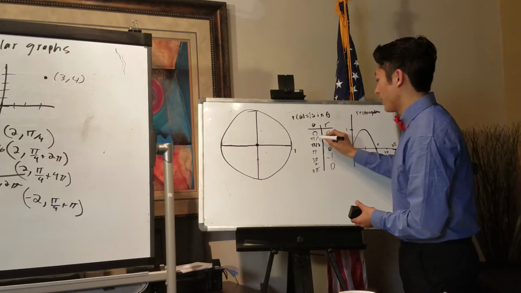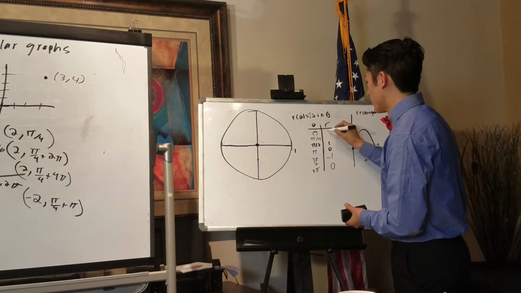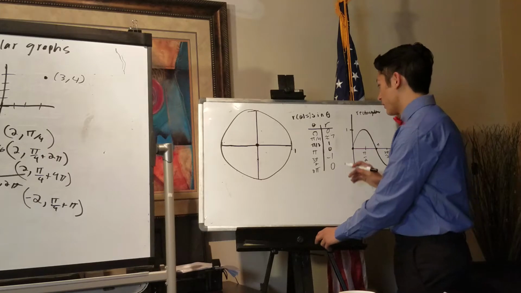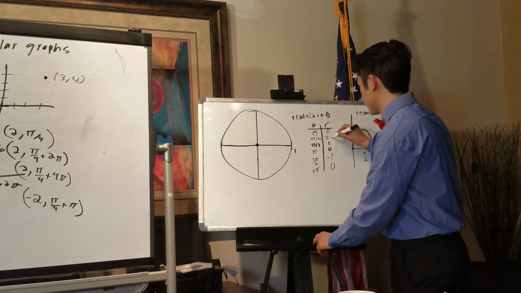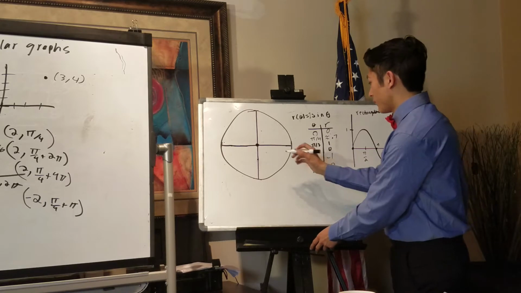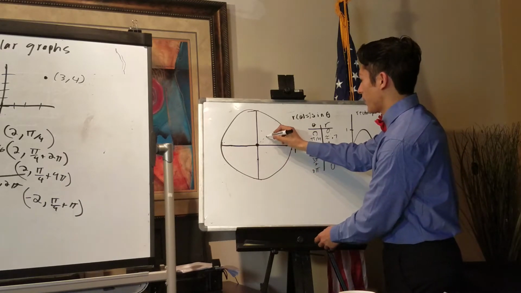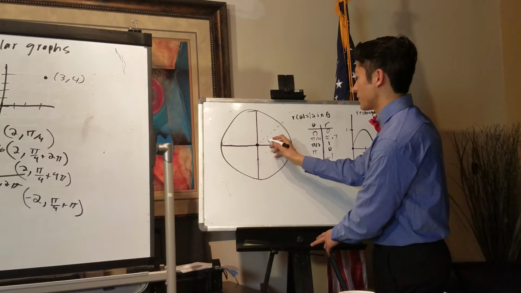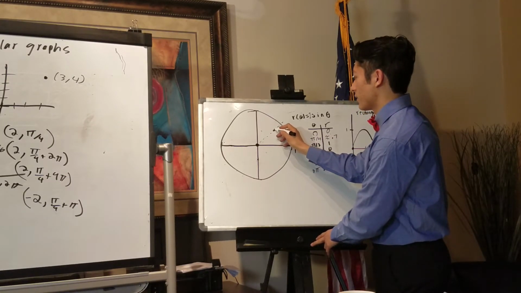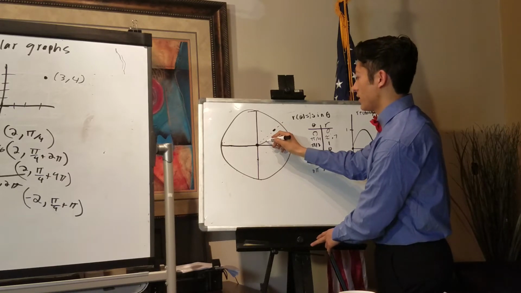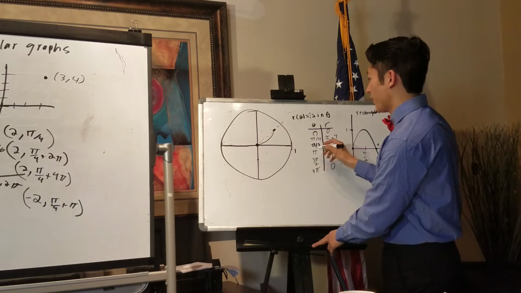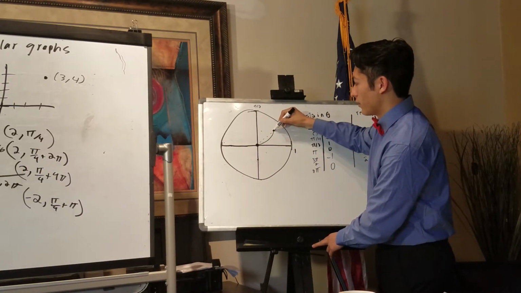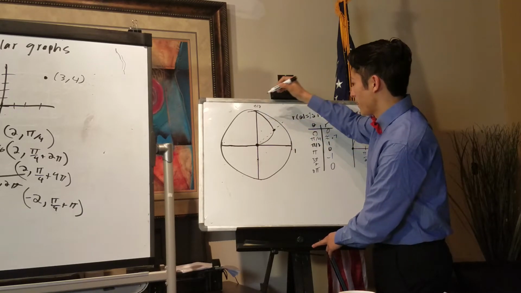This we will put pi over 4, which is approximately 0.7. So we start at 0, and at pi over 4, we rotate from 0 to approximately 0.7. So we will rotate here. And then at the angle pi over 2, we'll rotate to 1 up here. So it'll rotate here.